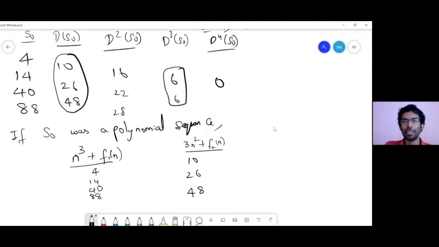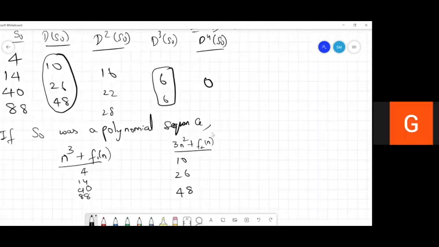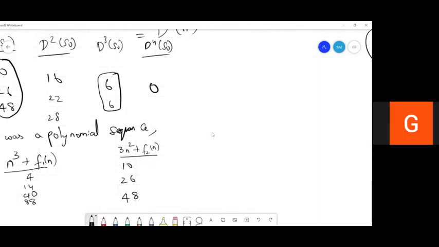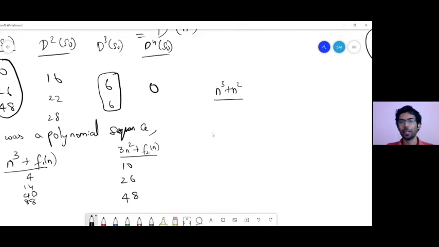Correct. So now we'll list the d of f1 of n sequence. If you just take the sequence n cube plus n square, we'll just take n cube plus n square. So the first term is 1 plus 1, second is 8 plus 4, next is 27 plus 9 and so on.